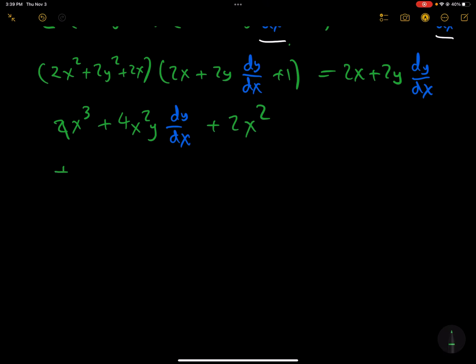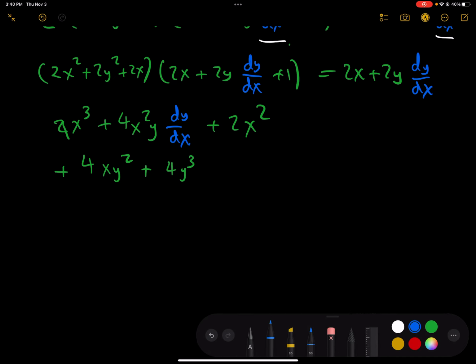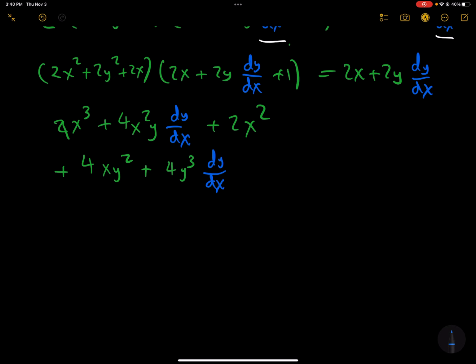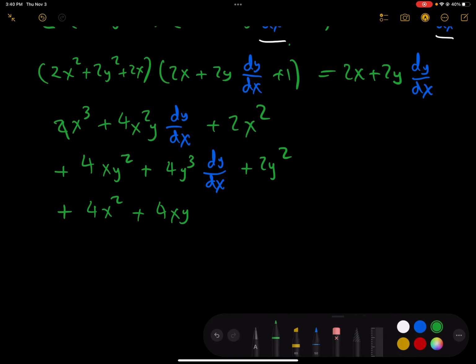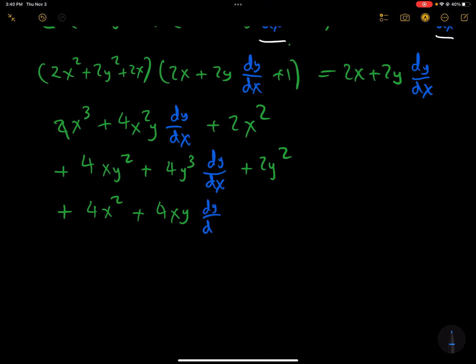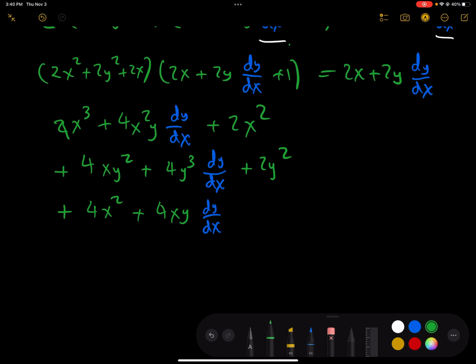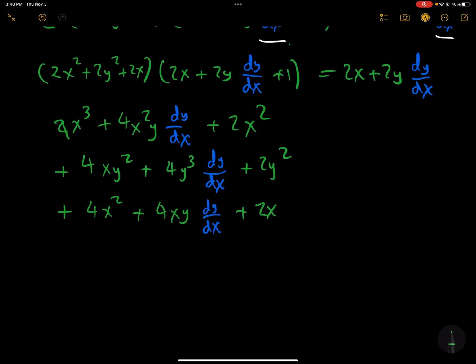Now I'm going to get plus 4xy squared plus 4y cubed dy over dx plus 2y squared. And then finally, I'll get 4x squared plus 4xy dy over dx plus 2x. This is only on the left-hand side. My right-hand side still stays the same.